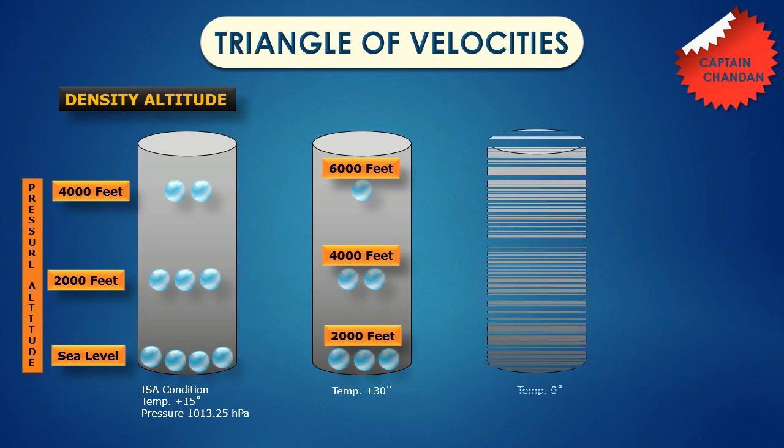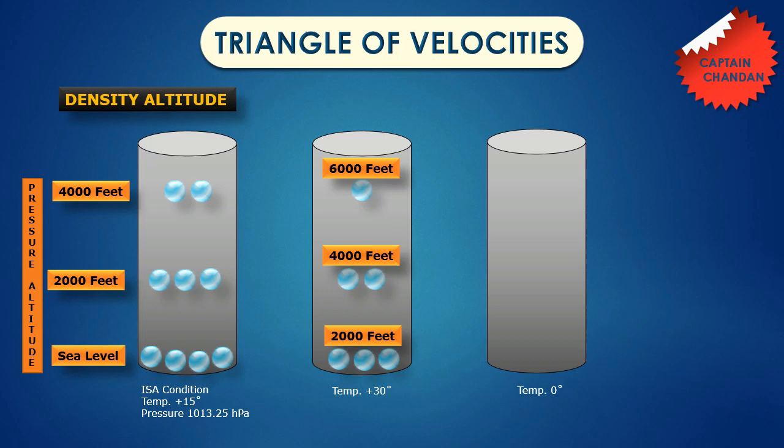Now what if the temperature falls to 0 degrees, colder than ISA condition? If temperature decreases, density increases. So at sea level there will be more density, it is denser. So if you are at sea level, it feels like you are below sea level.